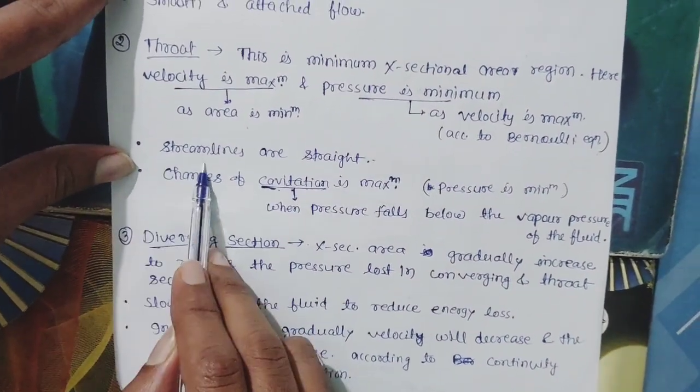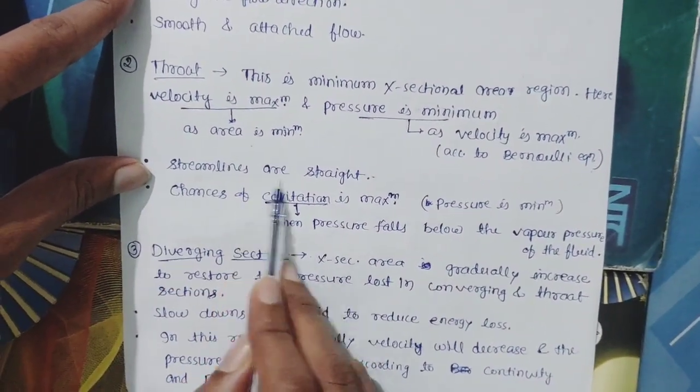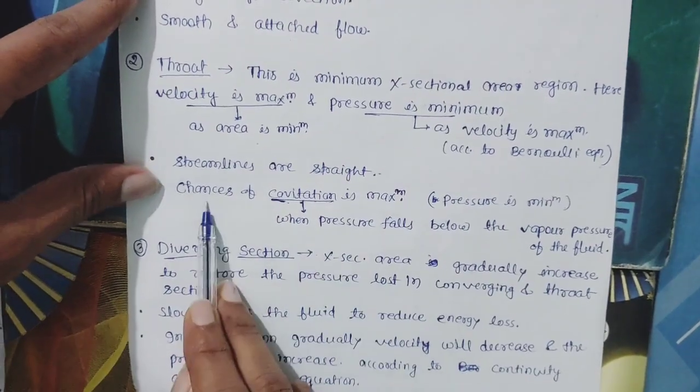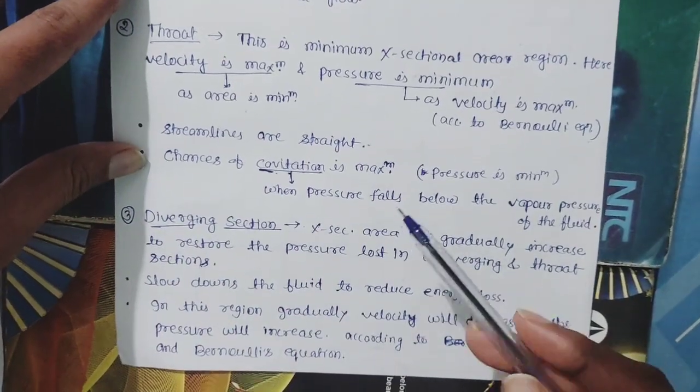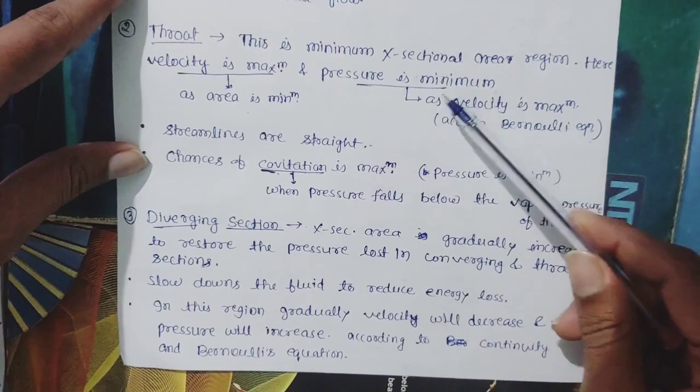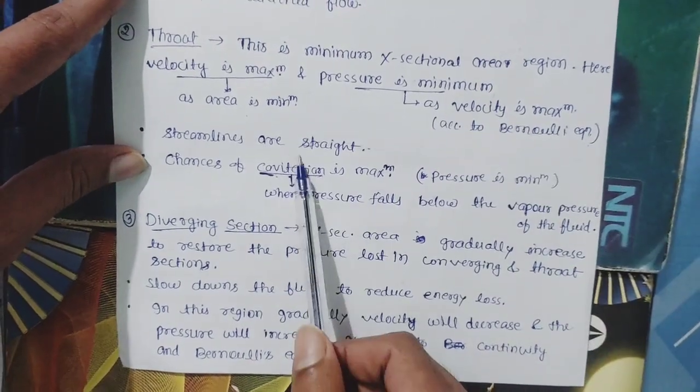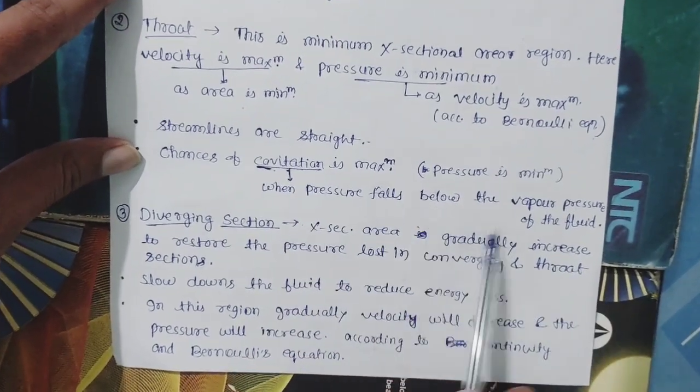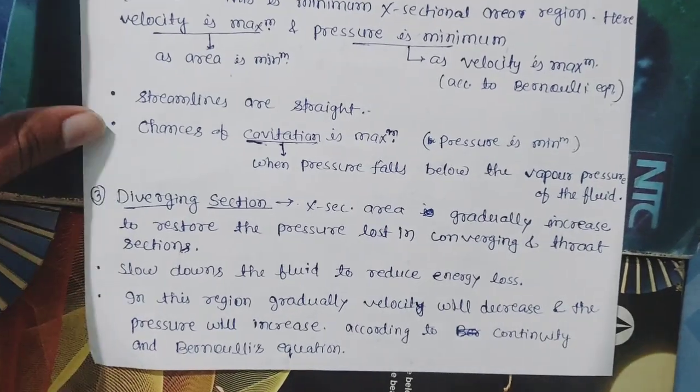Third point is that the streamlines are straight here. Chances of cavitation are maximum because pressure is minimum here. Cavitation is when the pressure falls below the vapor pressure of the fluid.